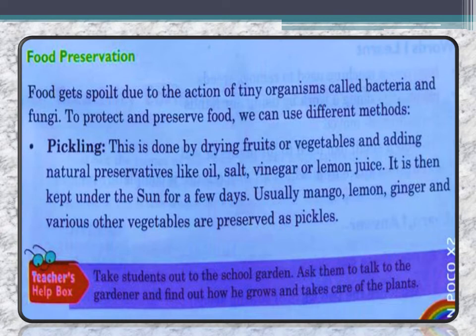For a few days it will be dried under the sun, right? So like this pickling is done. You must have seen your mother making pickles, and that is the process of food preservation. So usually we find mango, lemon and ginger pickles at our homes.